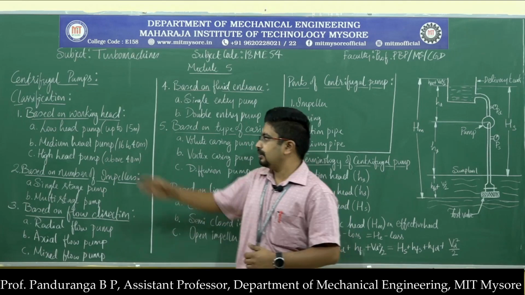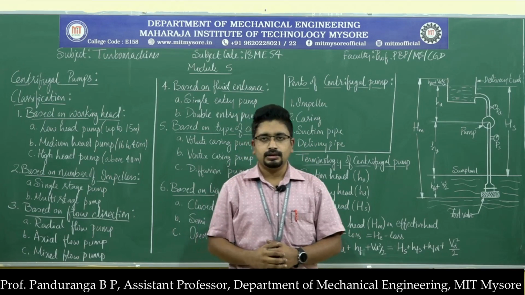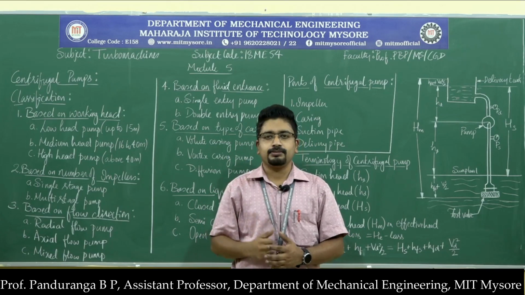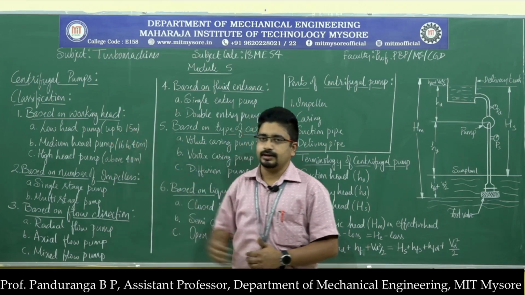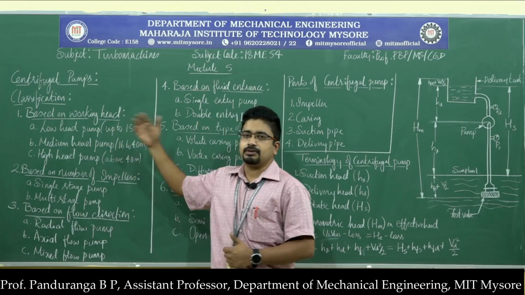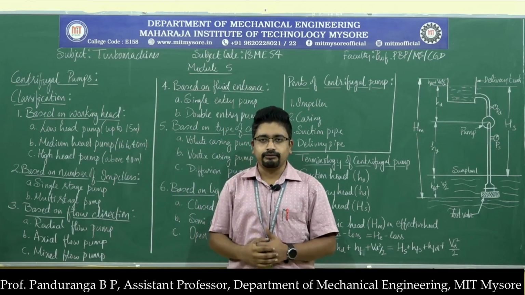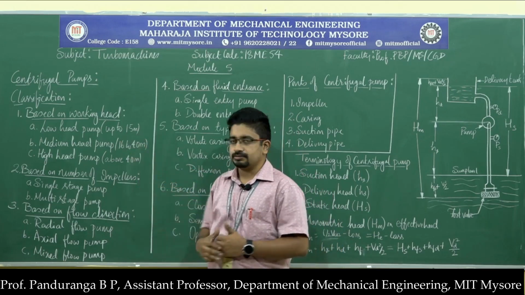In the case of a low head pump, the head developed by the pump will be up to 15 meters. We will see what these heads are later, but in this case the pump is able to produce a total head of 15 meters. So these are called low head pumps.